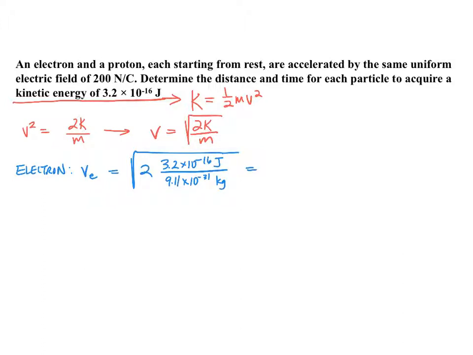Crunch that, and you get 2.65 times 10 to the 7th meters per second. This is a realistic speed. It's 10 times less than the speed of light, which is 3 times 10 to the 8th meters per second. So this is feasible for an electron.